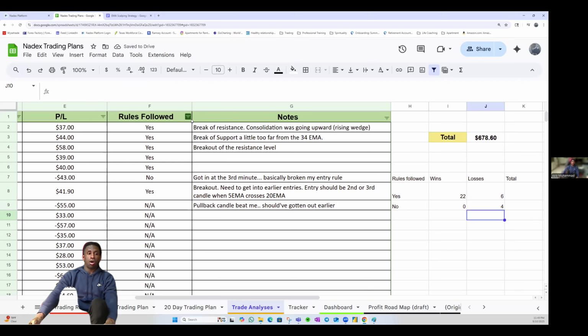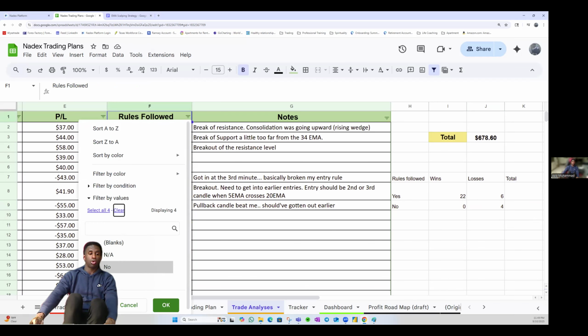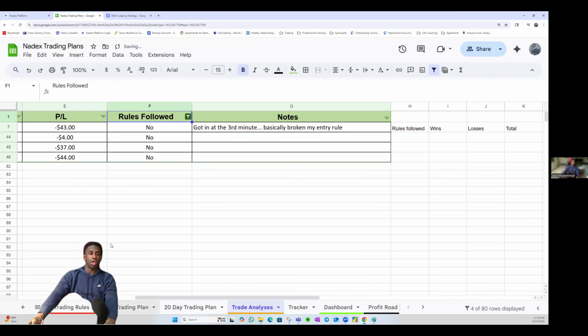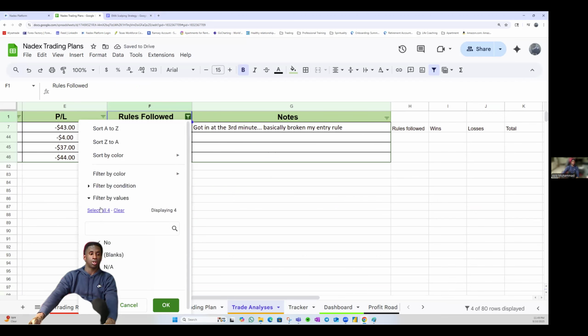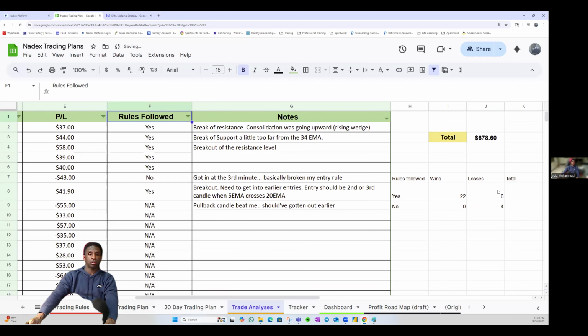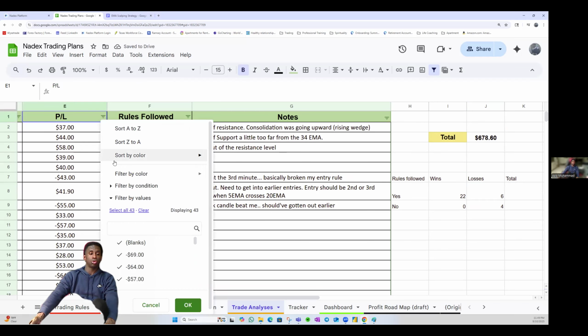So out of all the times that I didn't follow my rules, how many times did I win? How many times did I lose? 4. Okay. Losses. Out of all the times I did lose, how many times did I follow my rules?